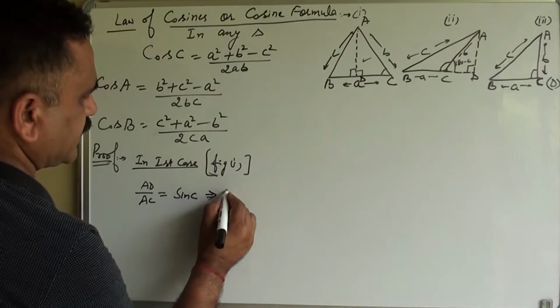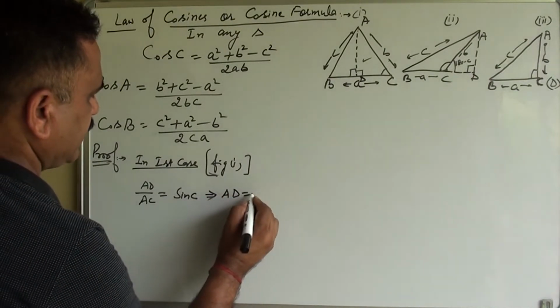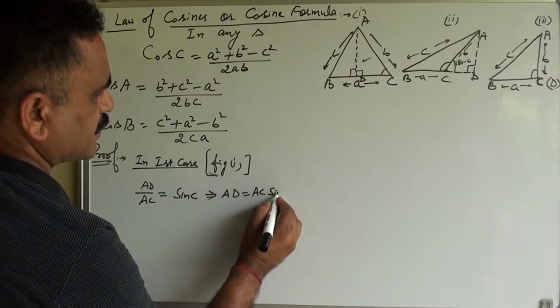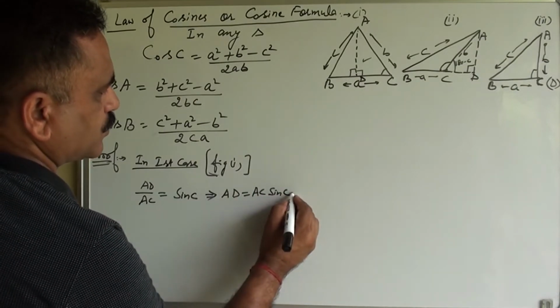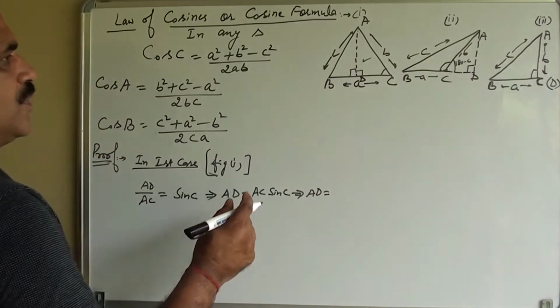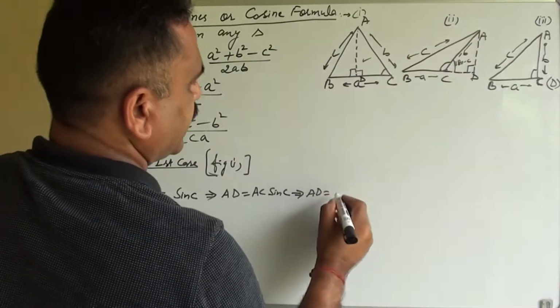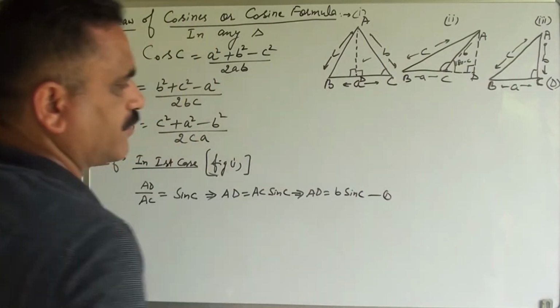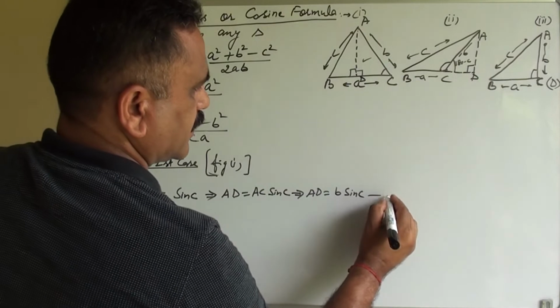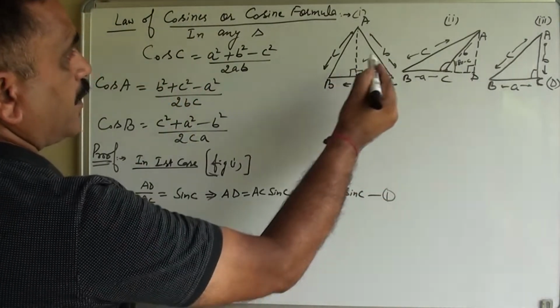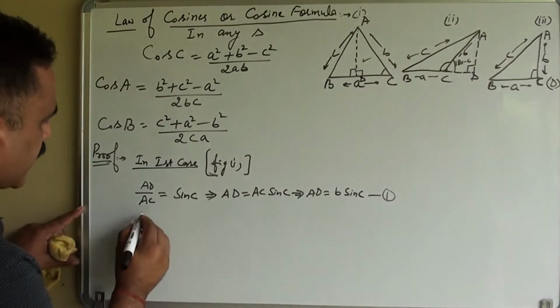So, this implies AD is equal to AC sine of C. So this implies AD is equal to, what is the value of AC? B sine of C, called as equation 1. This is equation 1. Now, BD is equal to what?